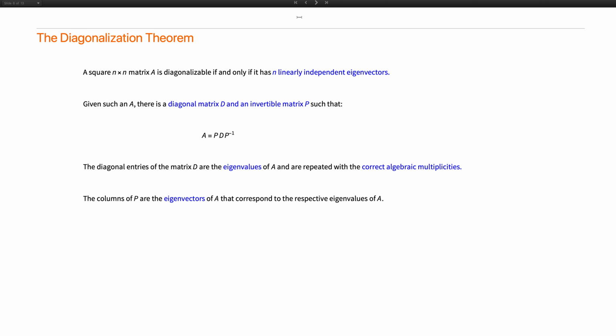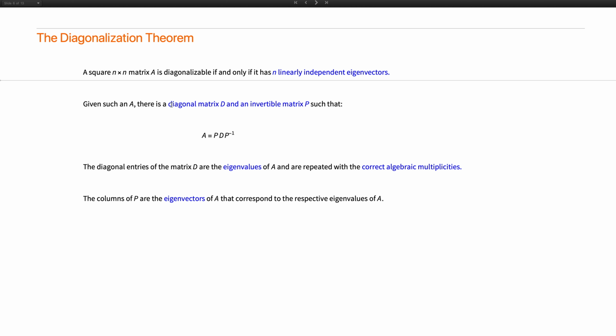Now, the main theorem for this lesson is the diagonalization theorem, which says that a square matrix is diagonalizable if and only if it has n linearly independent eigenvectors. So it doesn't matter how many eigenvalues there are, you need n linearly independent eigenvectors.